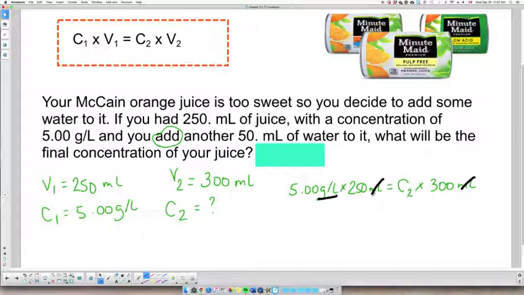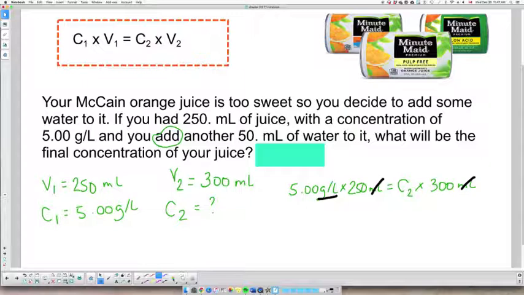That's why we don't necessarily need to convert the units when we use this equation, C1V1 = C2V2, because our units are going to cancel out. As long as your two volume units are the same and your two concentration units correspond to one another, then you're fine.